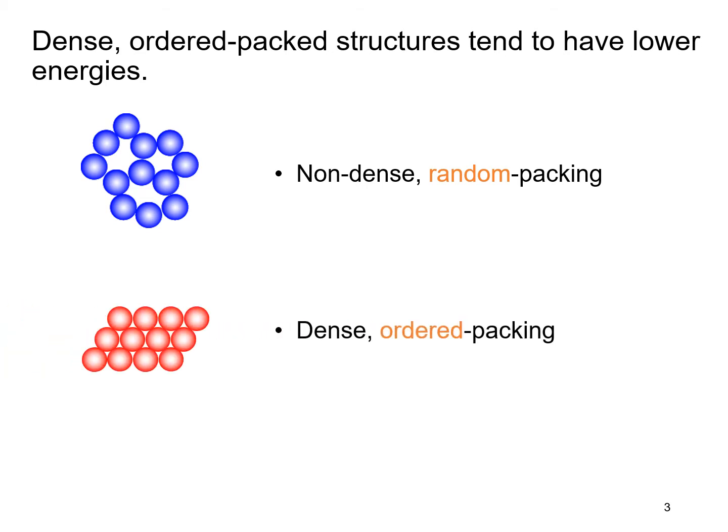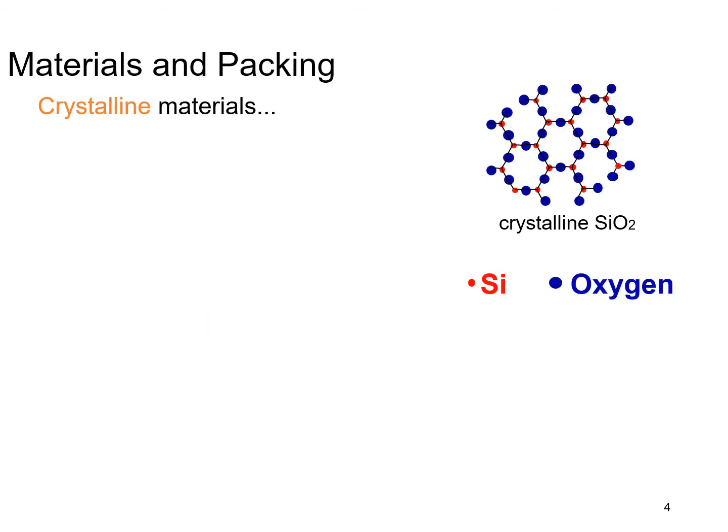That's different than an ordered packing system, which is much more dense, with less space in between the atoms, and it's a repeated pattern. We're going to talk about these repeated patterns as crystalline materials.